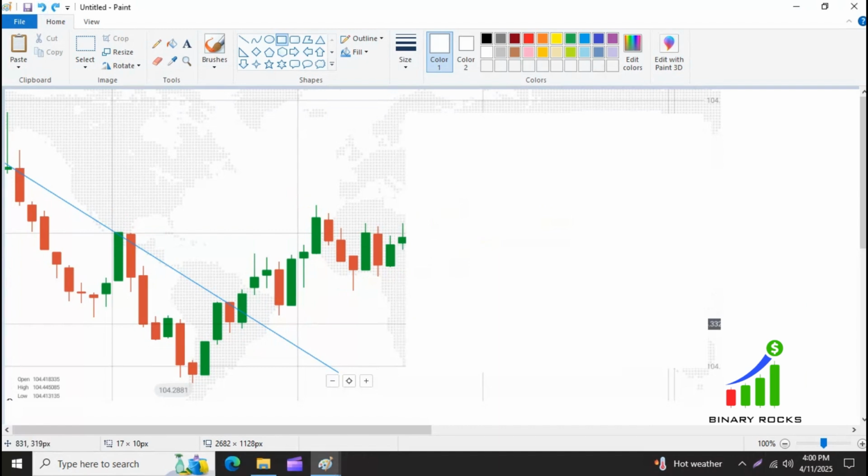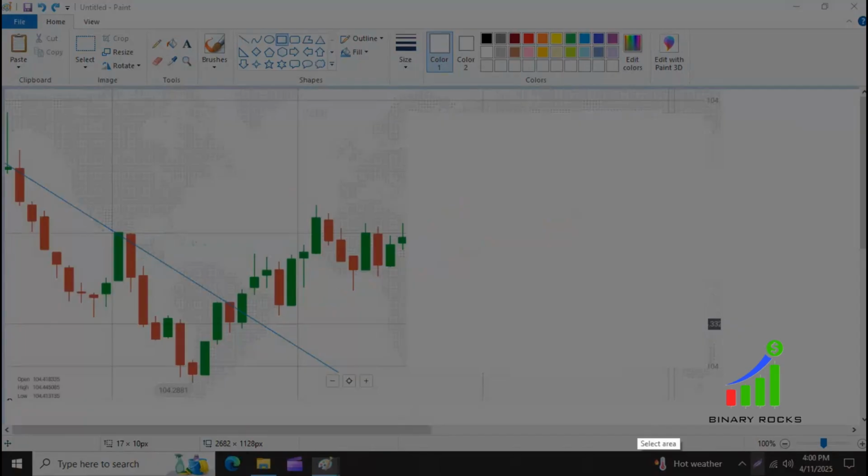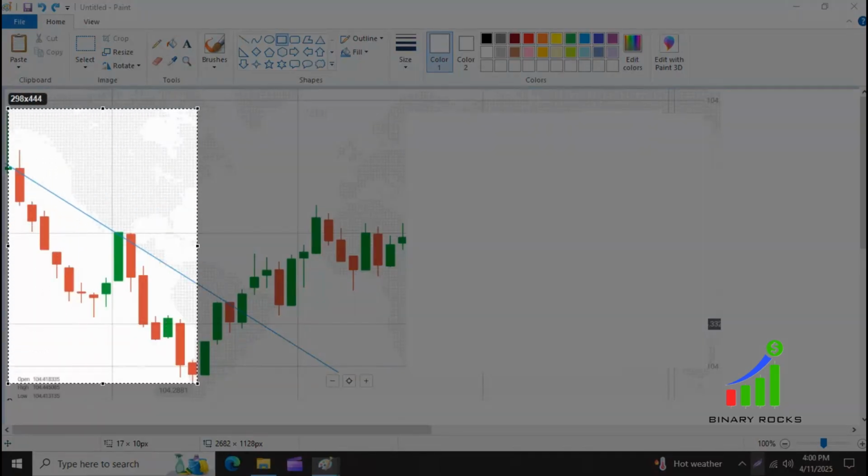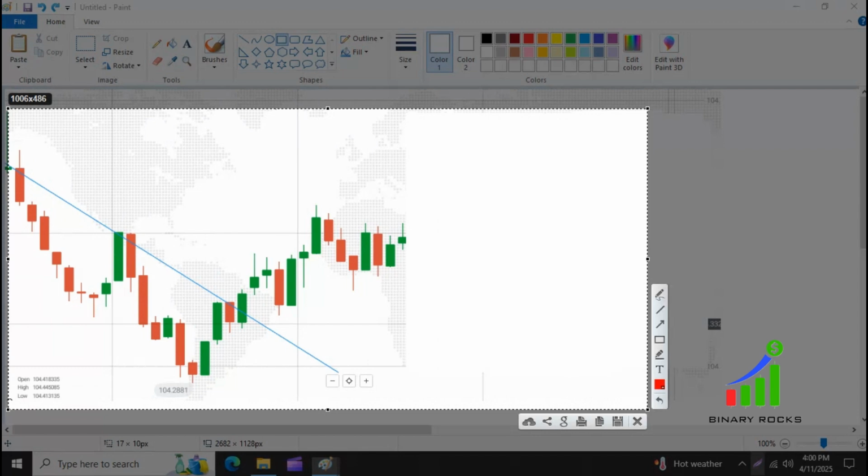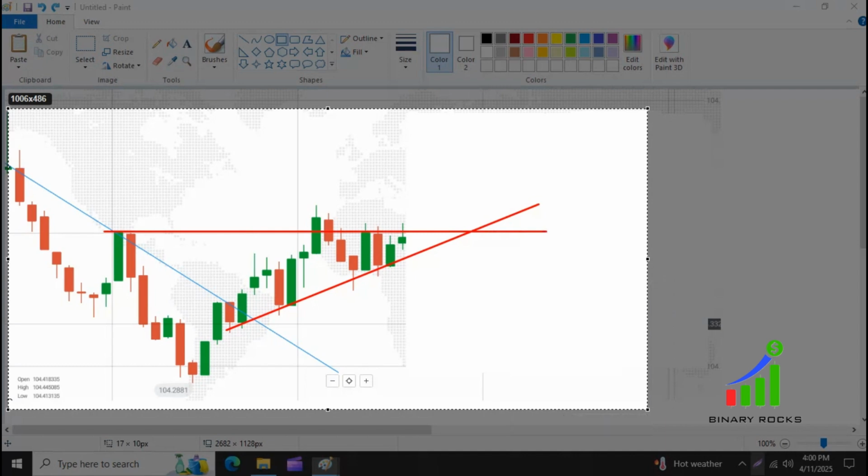See, here we got a buying candle. Okay, now what is the next candle? Okay, let me plot the levels for you. Here we have a resistance, here we have a new resistance.